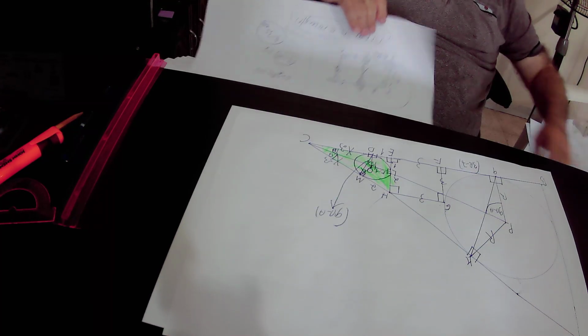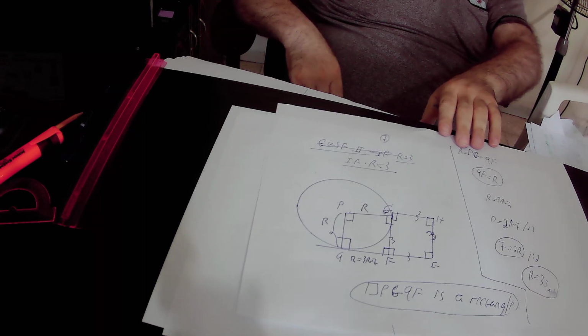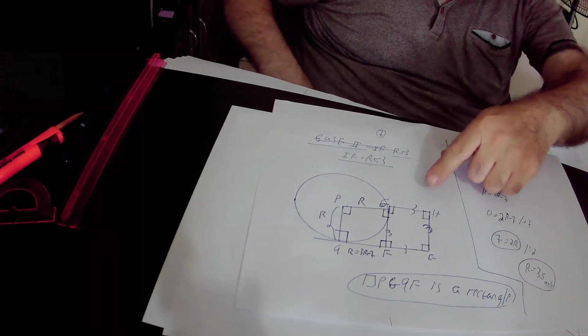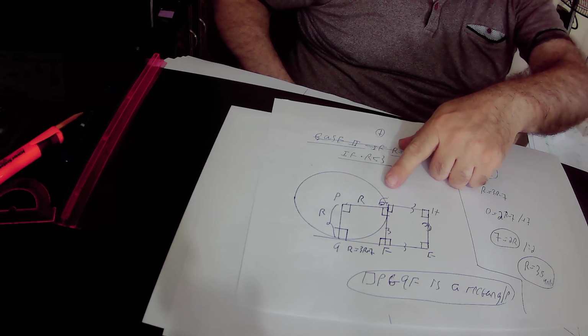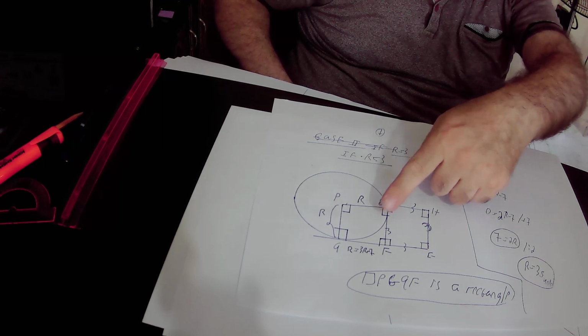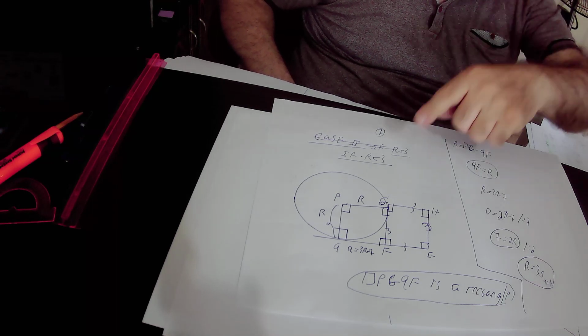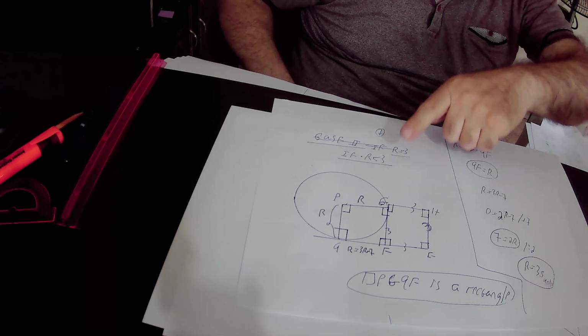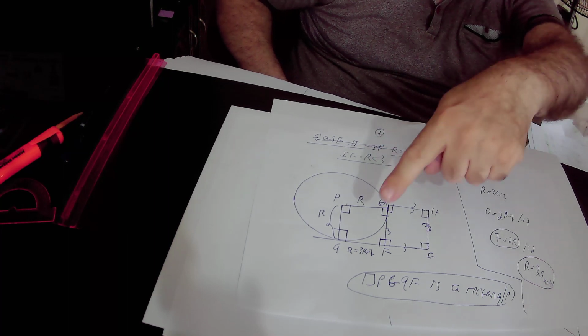Why? Because if the radius is less than 3 units, then this quadrangle PGQF is a rectangle, and we know that the opposite sides of a rectangle are equal to each other. That is to say, PG is equal to QF.